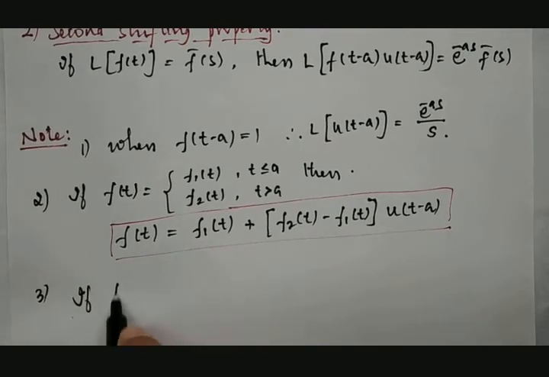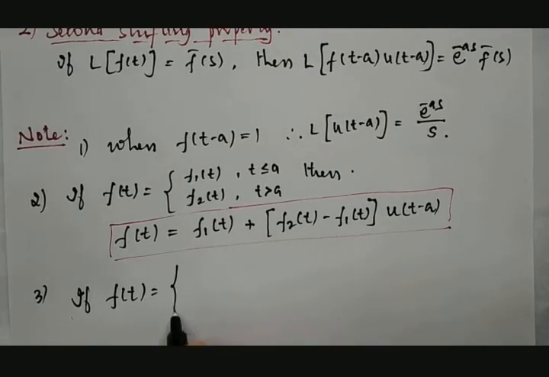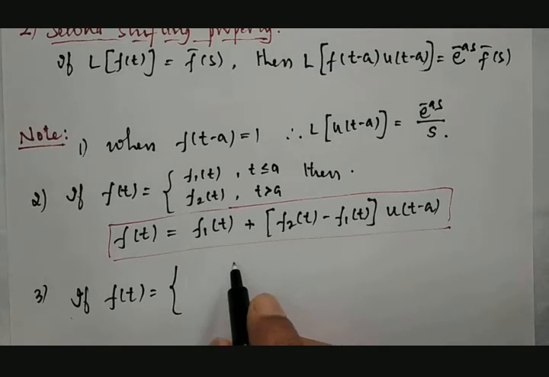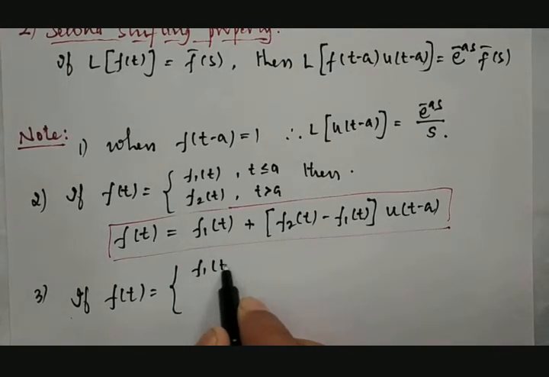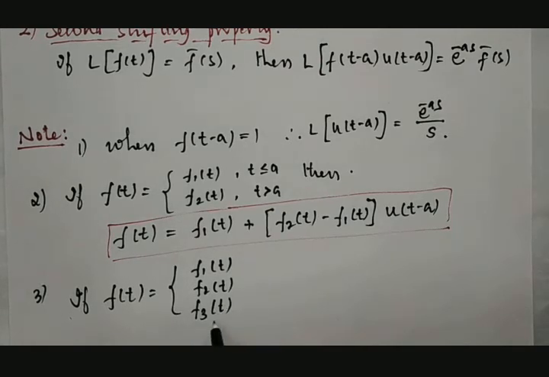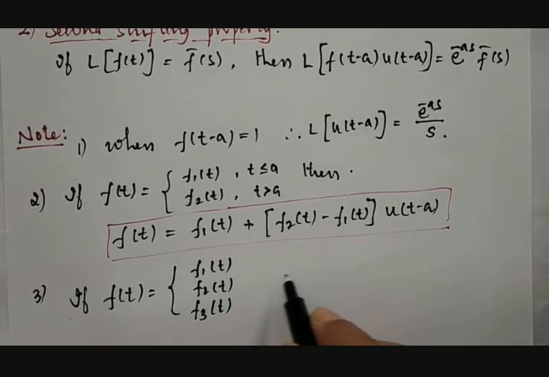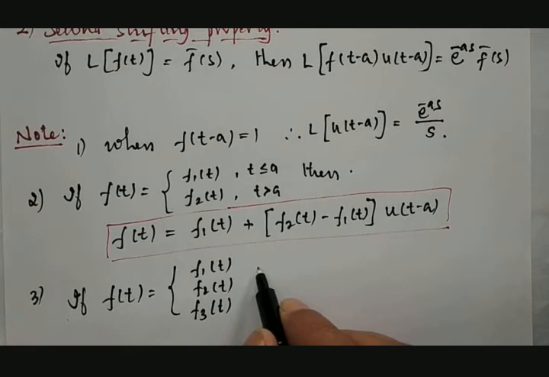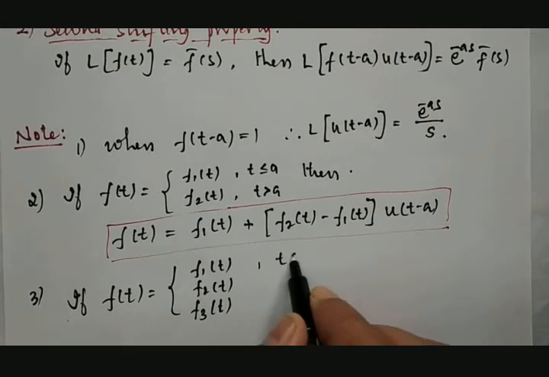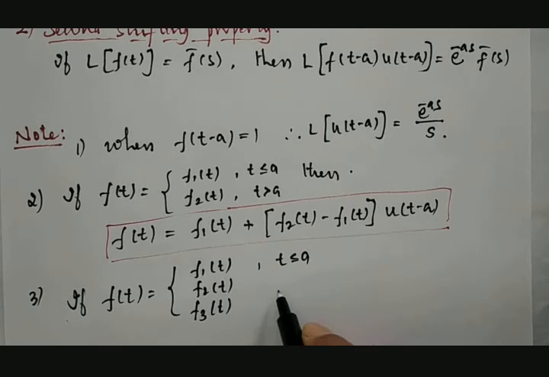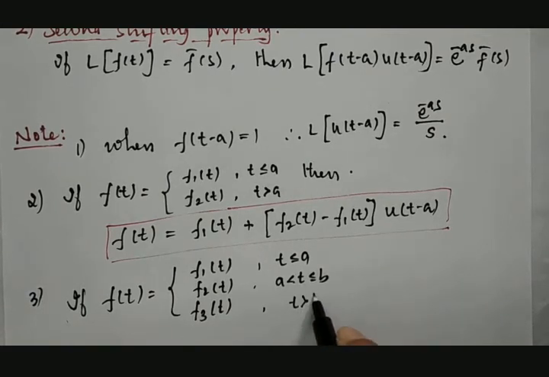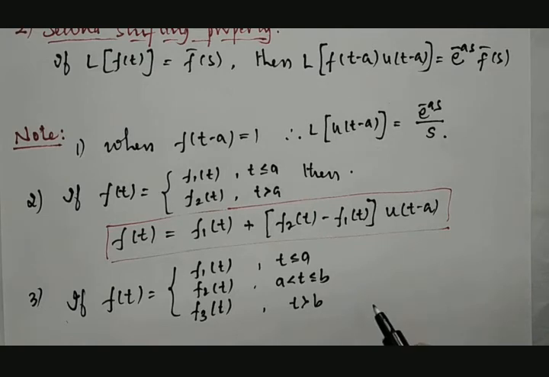If the function is a triple valued function, then it is f1 of t, f2 of t, then f3 of t. It is f1 of t where t is less than or equal to a, f2 of t where a is less than t is less than or equal to b, and f3 of t, the third function, where t is more than b.